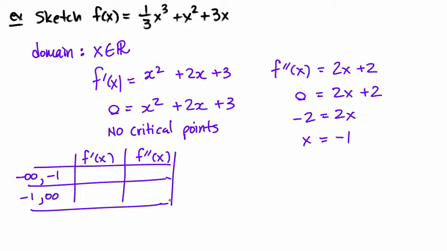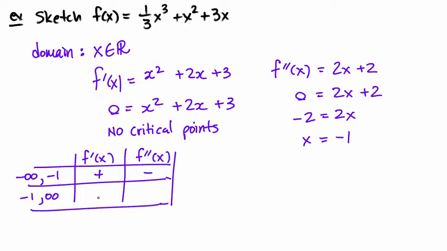So I pick a value less than negative 1, like negative 10, and see what the value of the first derivative is, in which case I get 100 minus 20, so I really only care that it's going to be positive. And if I check negative 10 in the second derivative, I see that it's negative.